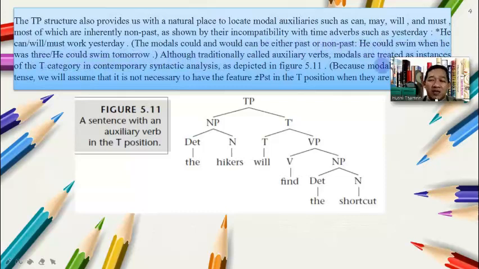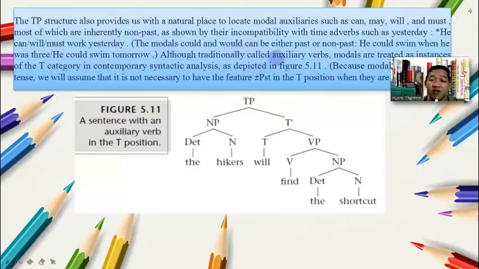Nah, ini bisa dalam arti past situation or non-past situation. He could swim when he was 3, this is of course into past situation, and this is into non-past situations, he could swim tomorrow.